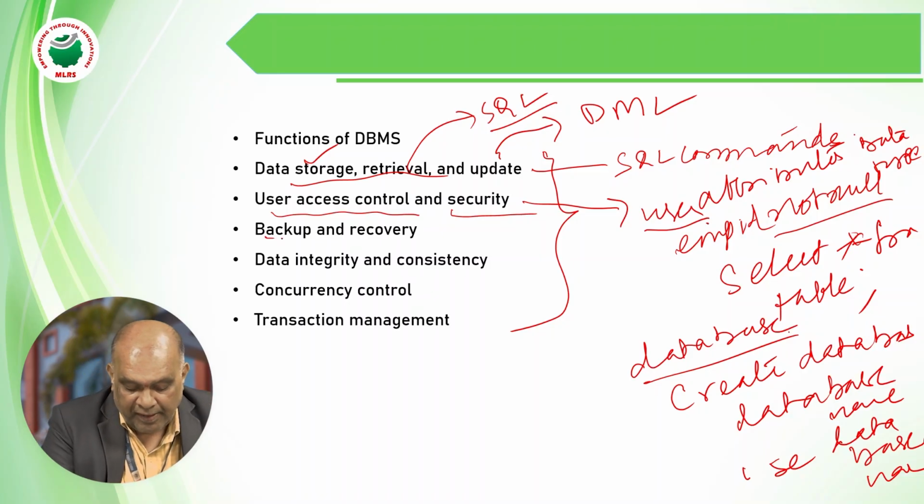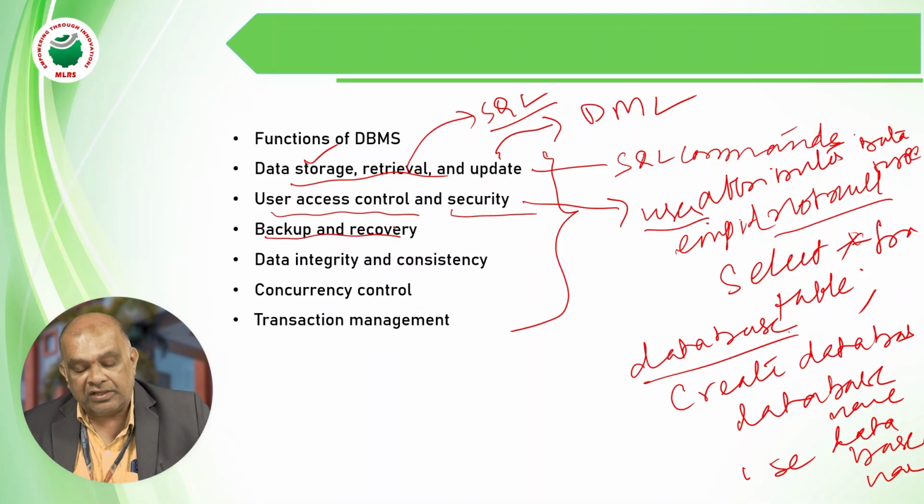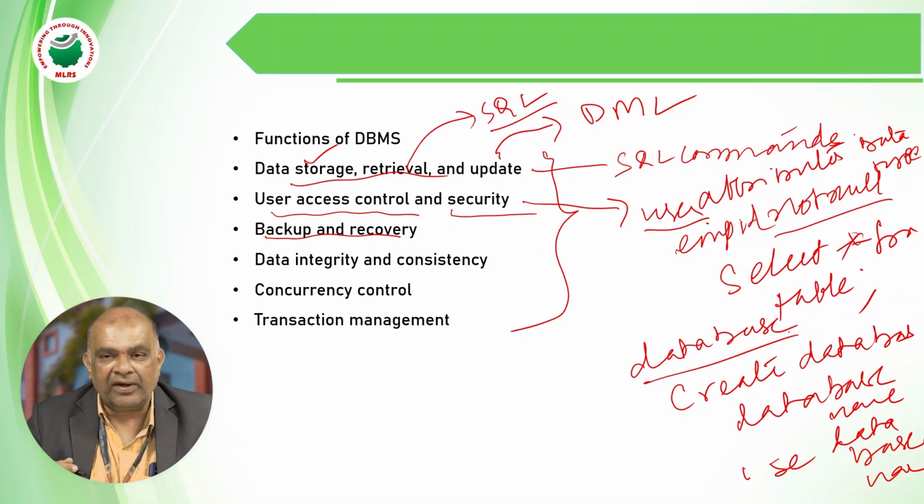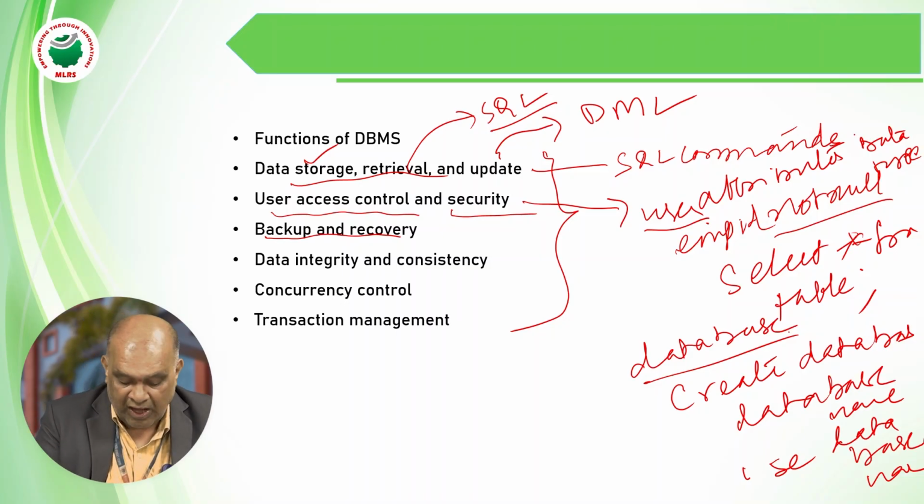So there is backup and recovery. This is the most important function of the database. Day to day, we are having a large number of transactions. Suppose I go to the railway reservation system. Day to day, we are having many transactions, hourly transactions are possible.